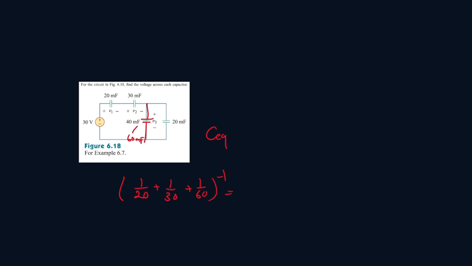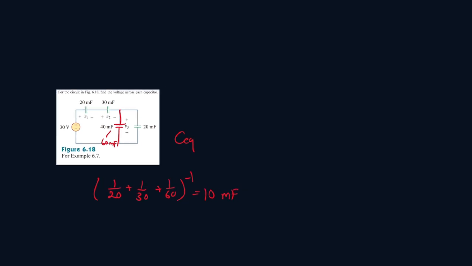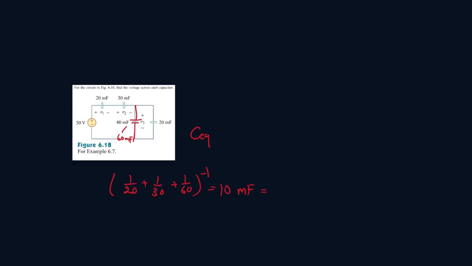So 1 over 20 plus 1 over 30 plus 1 over 60, that's 10 millifarads. So 10 millifarads, that's 0.01 farads. Okay, so that's your capacitor equivalent.